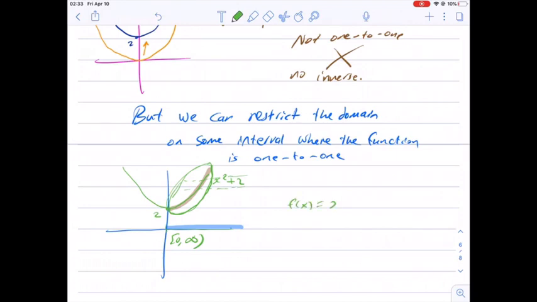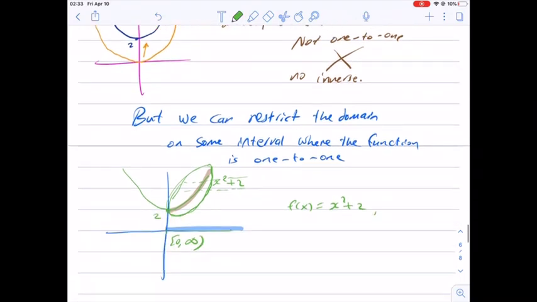So we can define the function f of x equals x squared plus 2, where x now we should restrict, where x belongs to the interval 0 to infinity. This symbol denotes belonging to. So we can't accept negative values for x because we want the function to be 1-to-1.